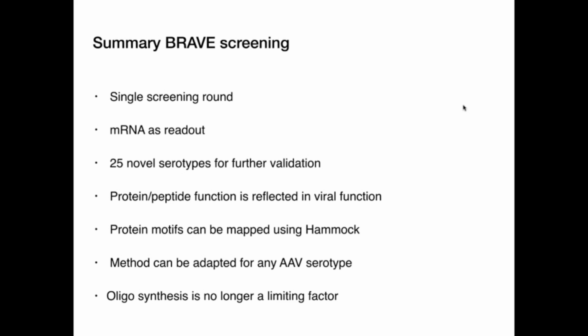But nowadays the price has gone down, quality is going up, and it's not the limiting factor to do this kind of large screens of viral capsids or whatever you want to do. And even if every now and then there is a mismatch or a mutation in your synthesized oligo, that could just increase your pool of variants you want to test.